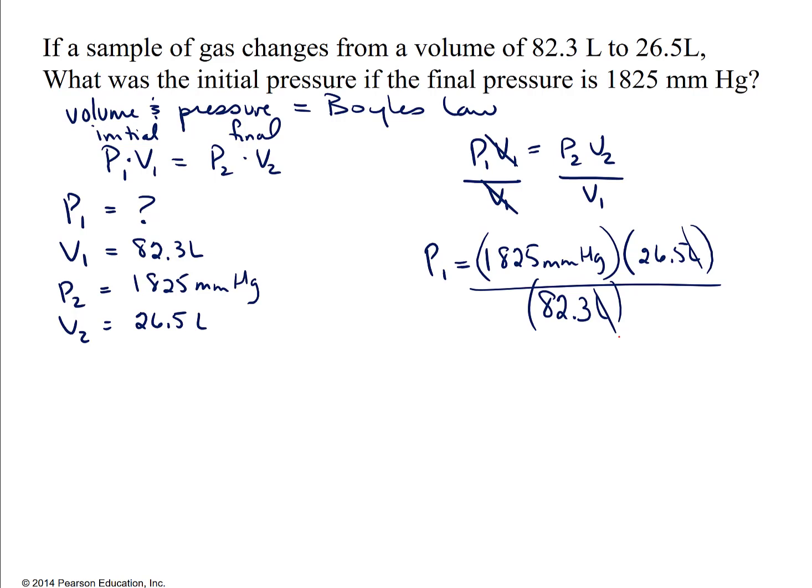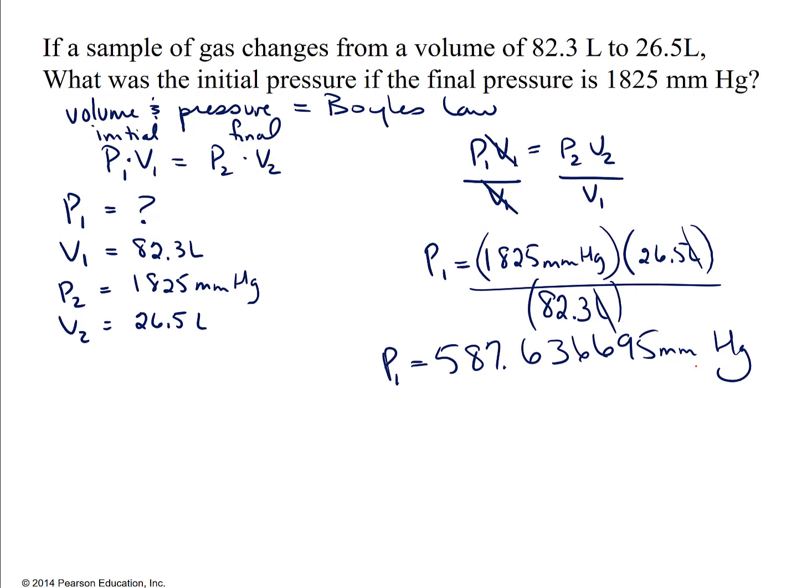So 1,825 times 26.5 divided by 82.3. Yep. So P1 is 587.636695 millimeters of mercury. Can I keep all that?